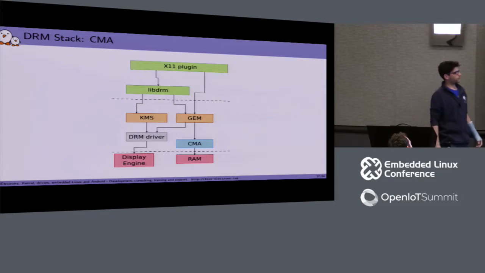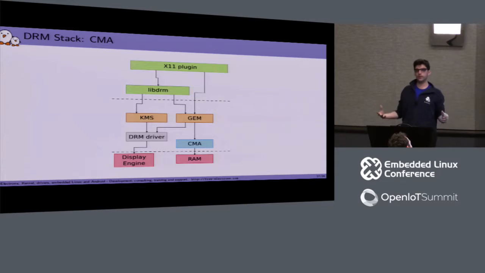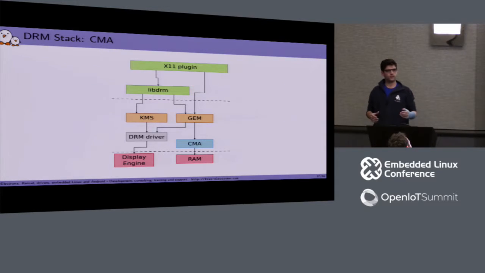And just like its name states, it allows you to allocate contiguous memory areas in your RAM. It was made in the first place to be able to allocate big buffers, because we already have contiguous allocators in the kernel besides CMA. For example, the default one, which is kmalloc, allocates contiguous buffers, but you have a limit that is, I think, 512 pages, which is 2 megabytes on ARM.